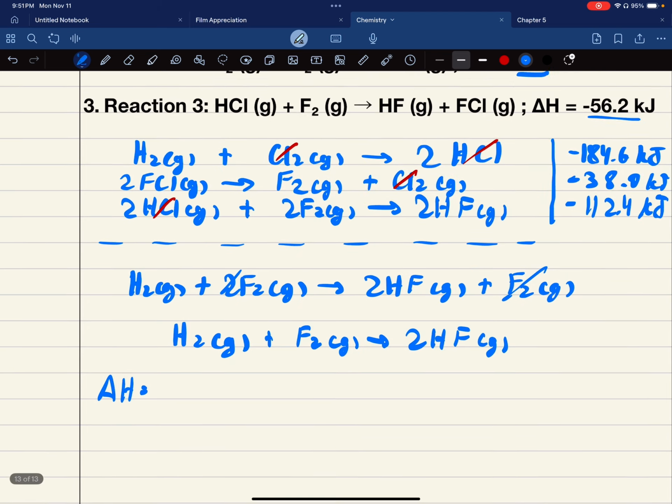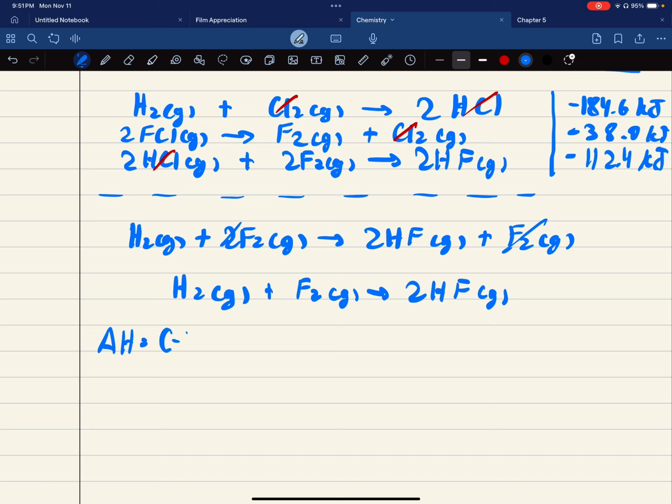So that is going to be negative 184.6 plus negative 38.0 plus negative 112.4.